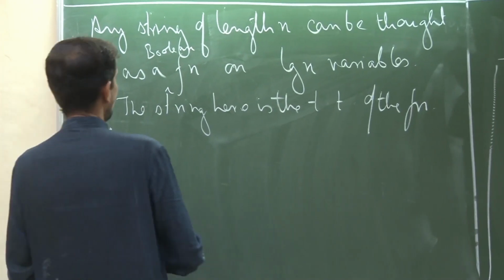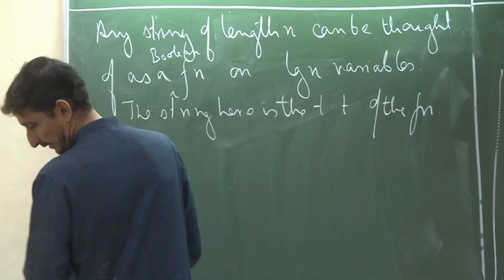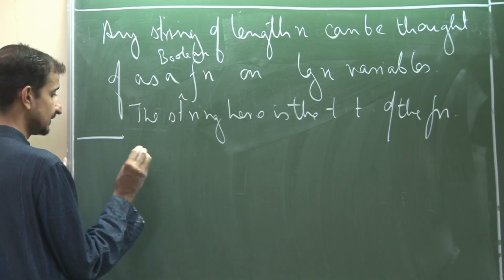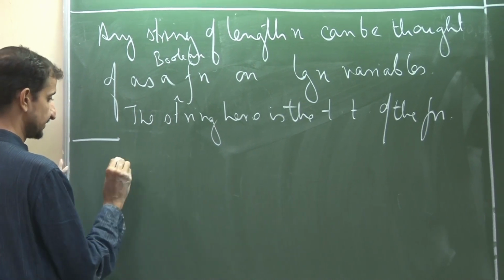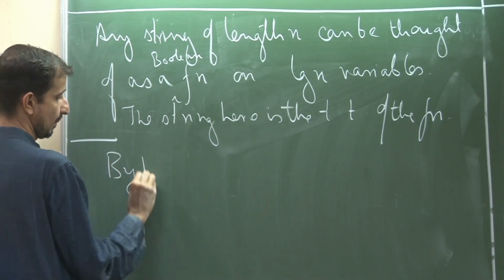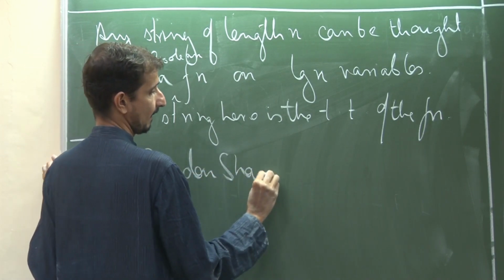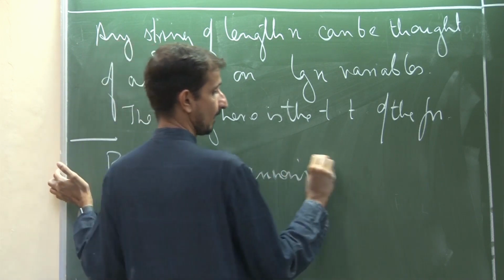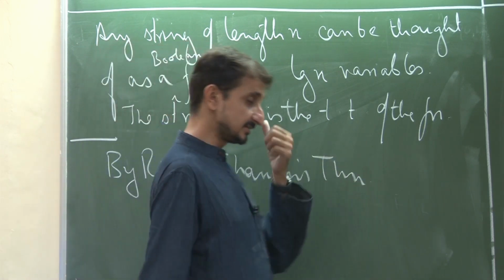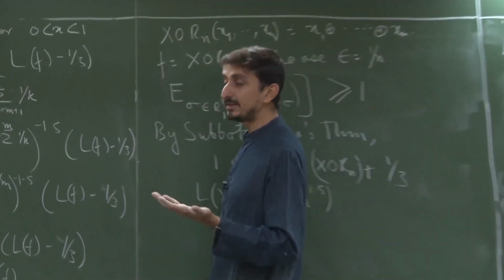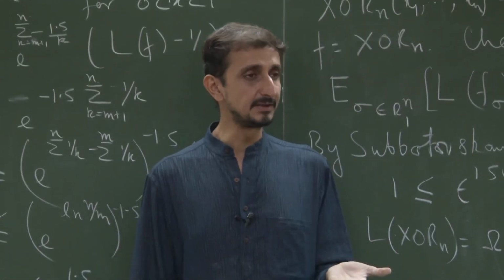Now, we will use the following. Recall this theorem, Riordan-Shannon's theorem. What was Riordan-Shannon's theorem? Let me just recall it for you. Riordan-Shannon's theorem gave us a lower bound on the formula size of any function, over any arbitrary basis.